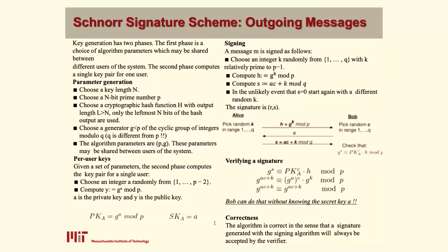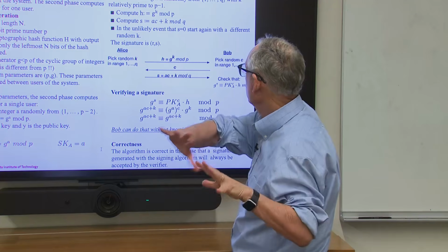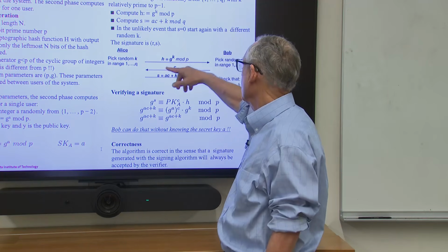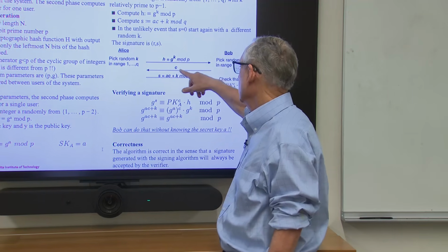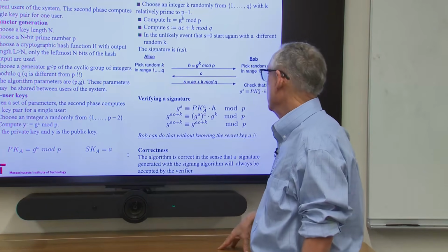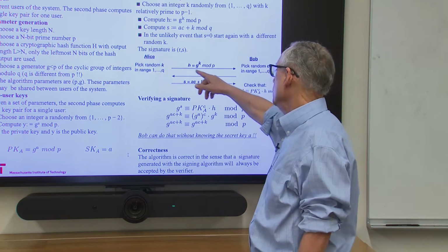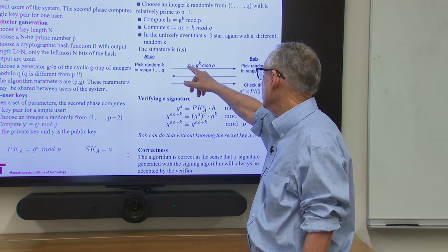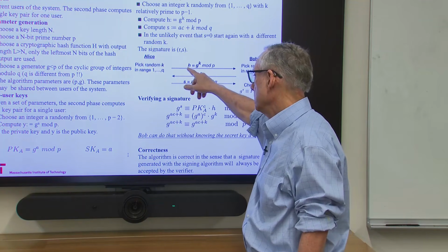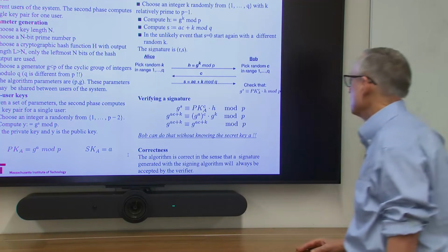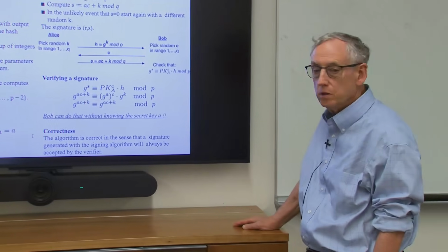Anyway, just a nuisance. Okay, so the signing, there's a message M, and as I said, that's a bit separate here. But on the outer envelope, you might say, Alice does the signing in the following way. Let's just jump down here. Alice picks a random number K, and she does the usual thing, which is the generator to the power K mod P, here denoted as H, as we have been doing before.